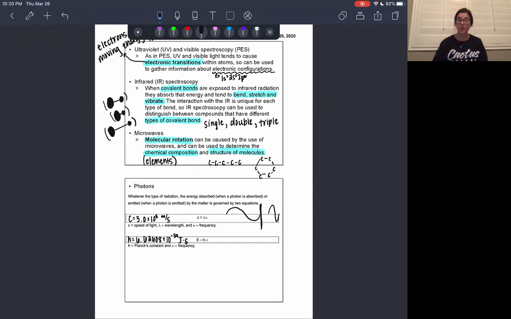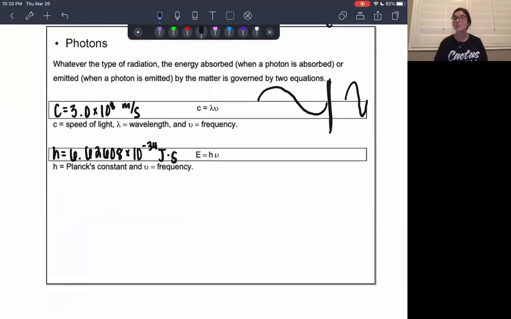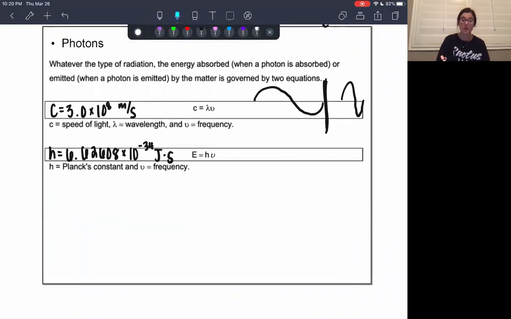The one warning that I will give you is to constantly watch your units. What I mean by that is your speed of light is in meters per second, not nanometers per second. But what you'll find is that your wavelengths are typically given to you as nanometers. You're going to have to convert nanometers into meters before you plug into this equation.